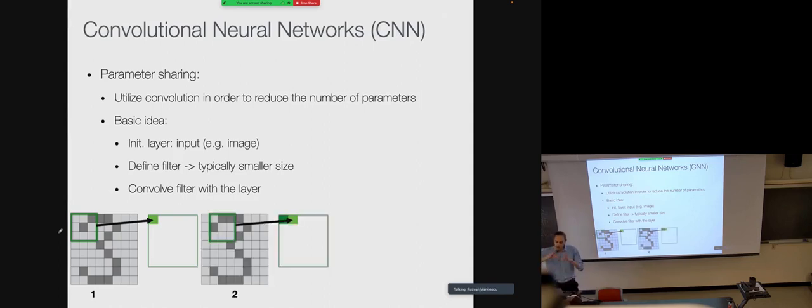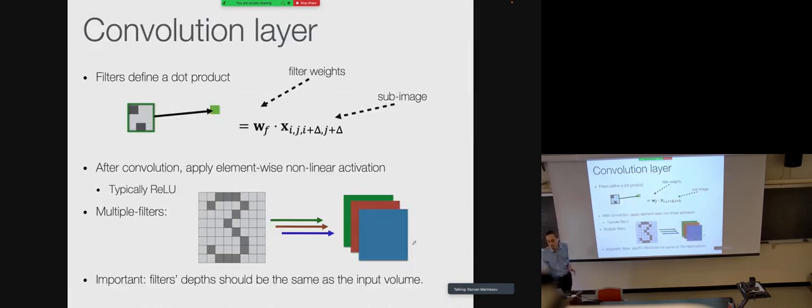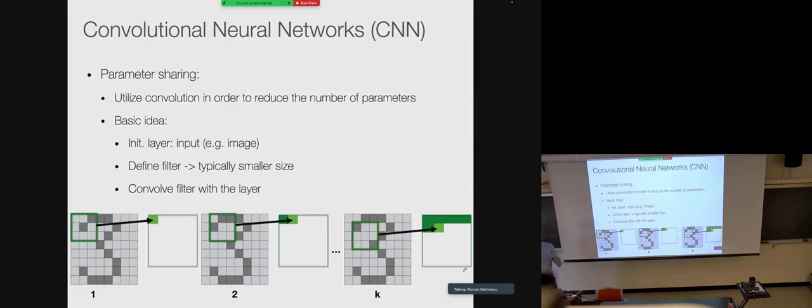And we keep sliding this filter all the way. You see now we slid to the right, and we compute a new pixel in the new image, and so on. We keep on sliding it across the entire image until we finish the entire image. And this is what is called a convolution.